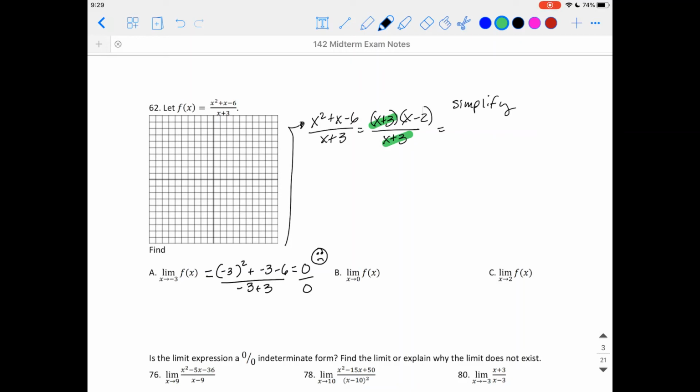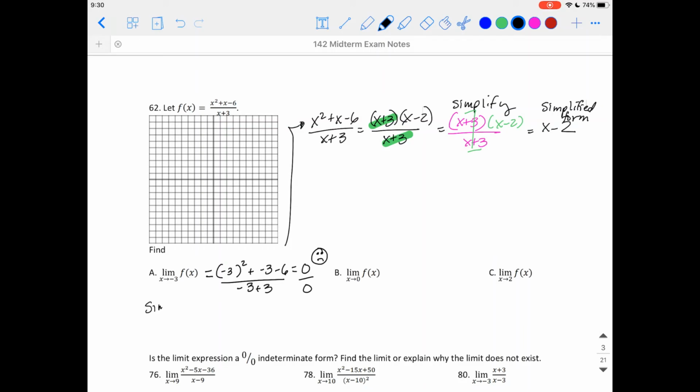Technically, this x plus 3 and this x plus 3 in the denominator simplify to 1. And then I'm just left with x minus 2. And this is the simplified form. And once you have the simplified form, that's what you're going to use to find this limit here.